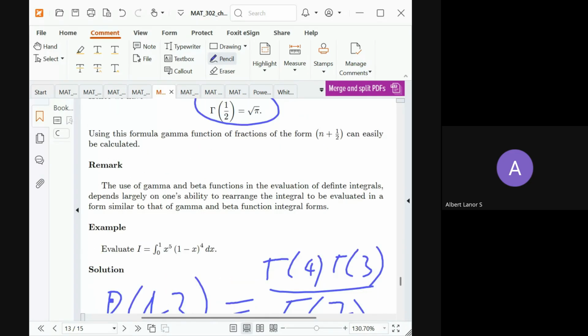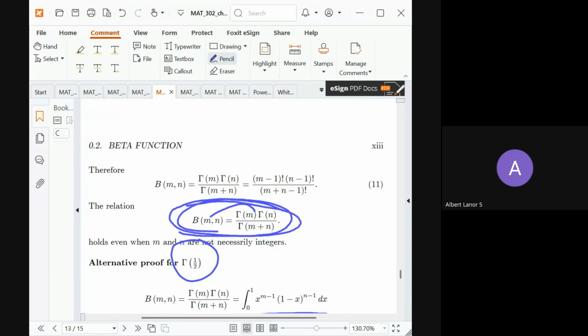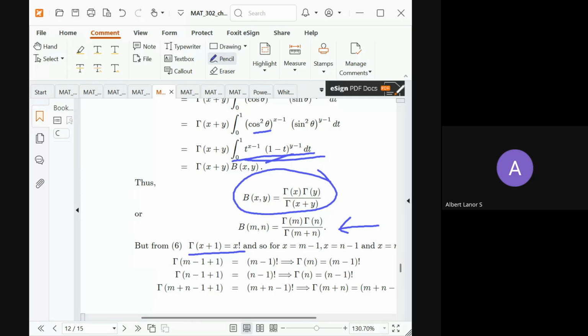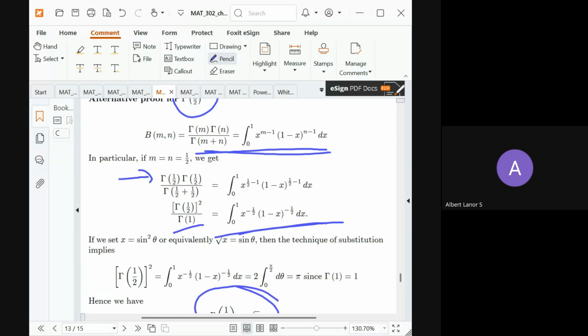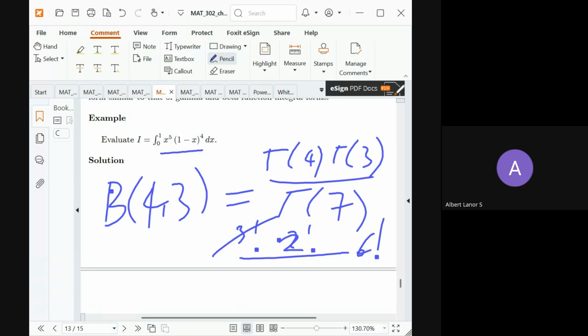So from here, it should be minus 1, minus 1. Okay, so this is how you get it. Now, the powers must be minus 1, so it should be 6 minus 1, and then 5 minus 1. These should be the powers.